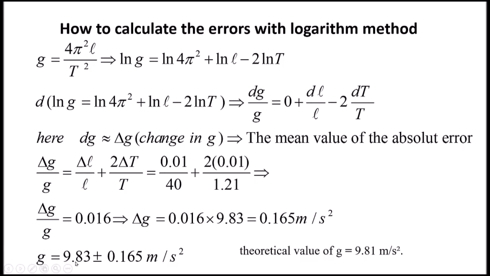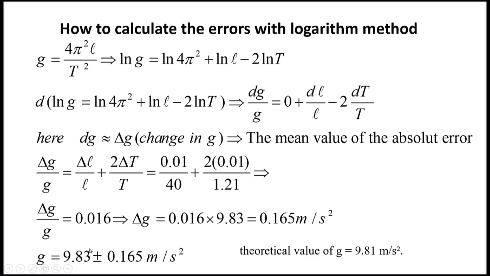We can write now g equal 9.83 plus or minus 0.165, because we take the largest value and the smallest value of g, meter per s square.